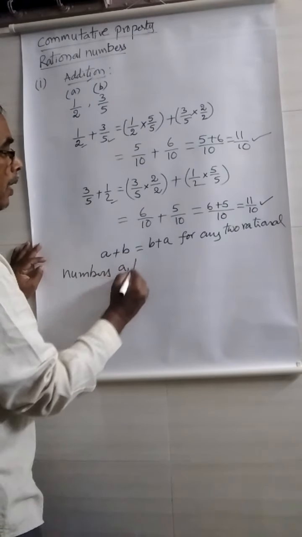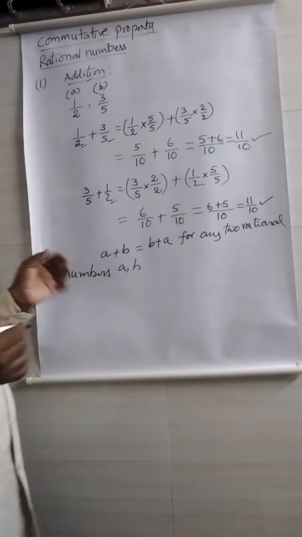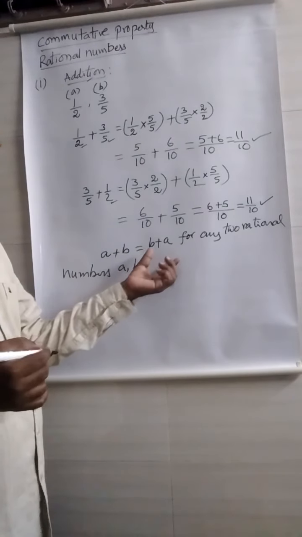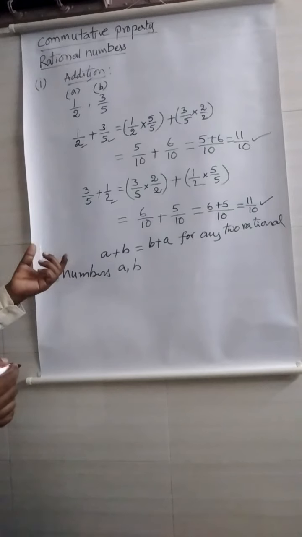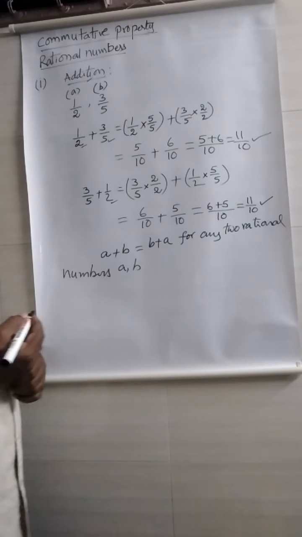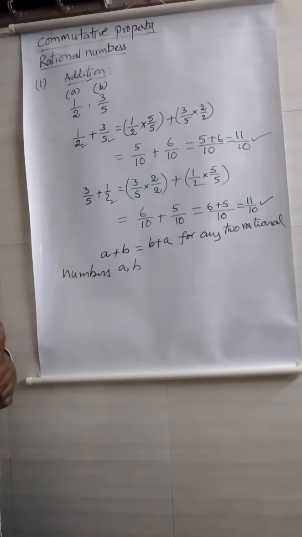For any two rational numbers A, B, A plus B is equal to B plus A. Hence, the rational numbers are commutative under addition.